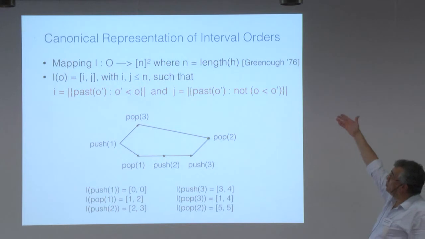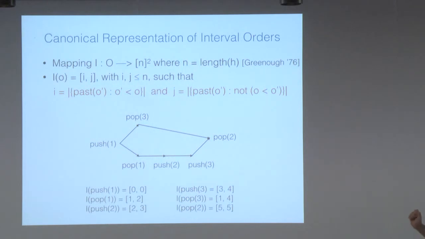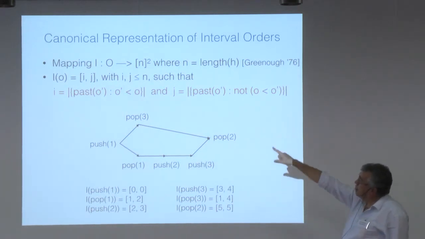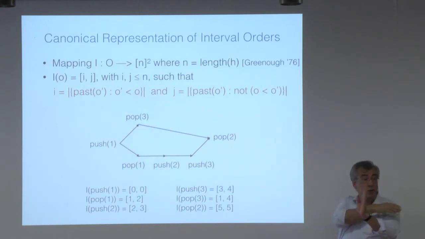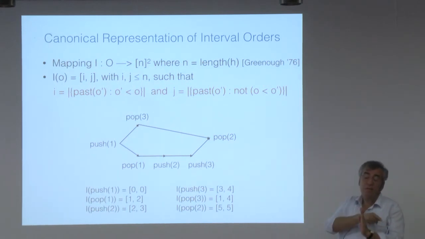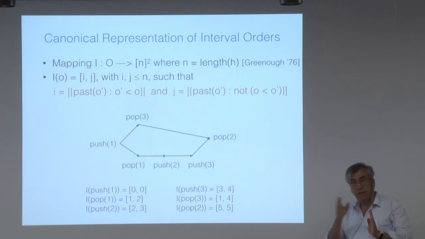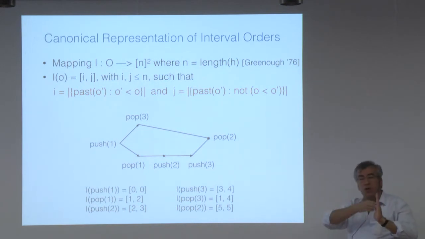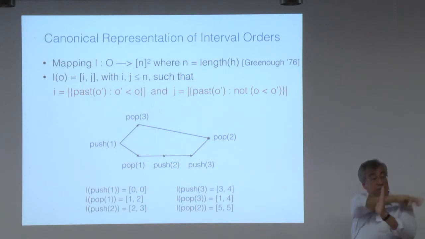This encoding is based on another interesting result, that there is a canonical representation for these interval orders using some maps. For each operation, you associate an interval in the range from 0 to the length of the structure. How do you define this interval? By counting the number of pasts that are strictly before you, and the number of pasts that are before you or incomparable with you. Because the next guy will be after this whole set, okay?